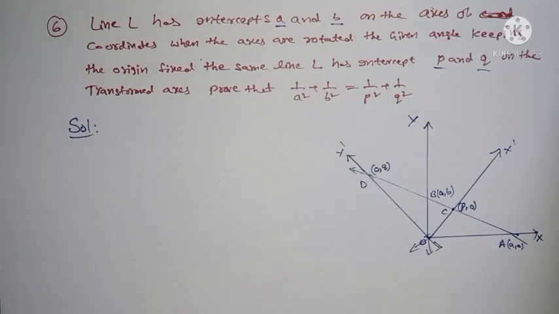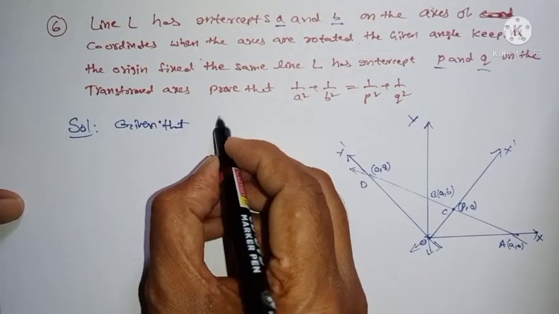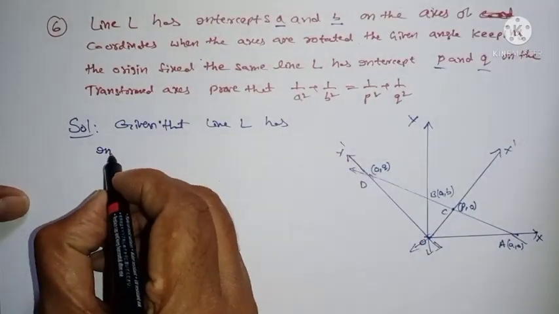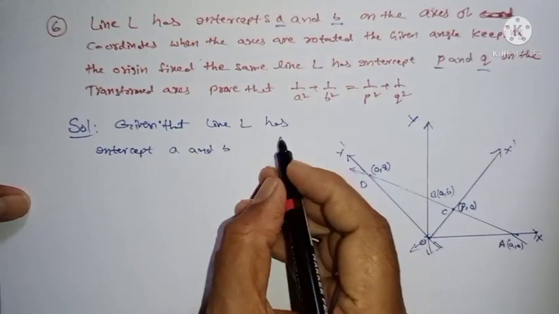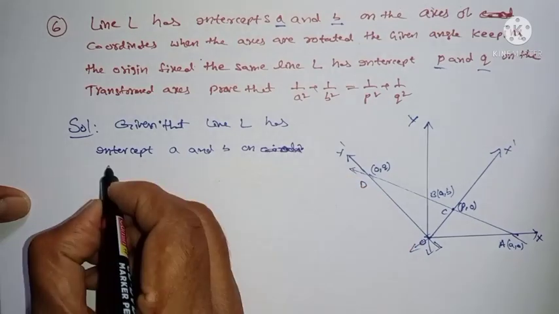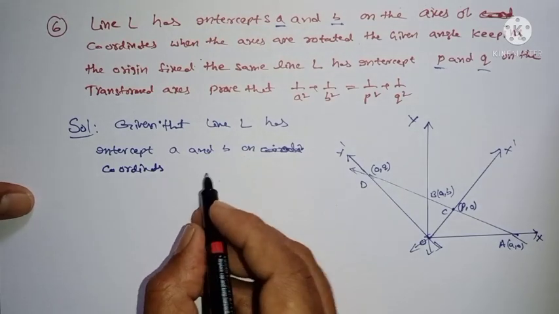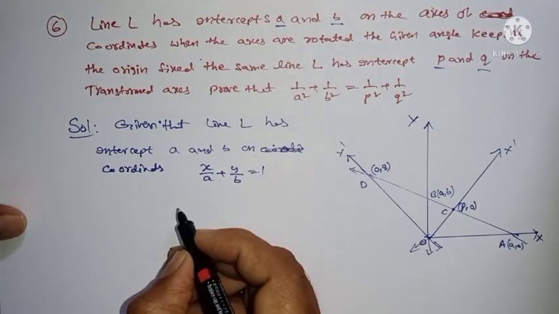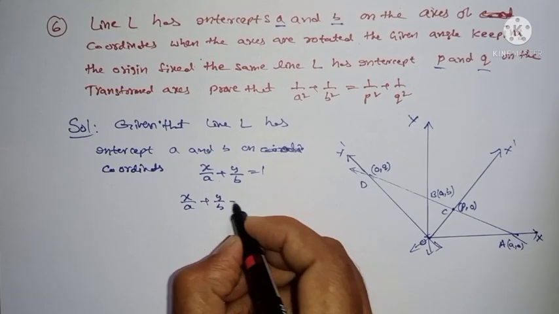How can you prove it? Given that line L has intercepts A and B on the coordinate axes, how can we write it? In intercept form it is x by A plus y by B is equal to 1, or x by A plus y by B minus 1 is equal to 0.